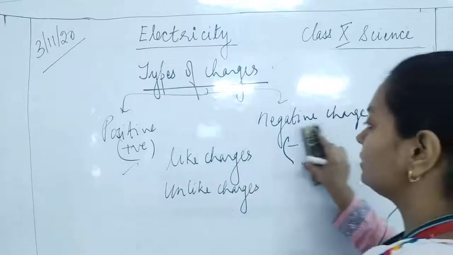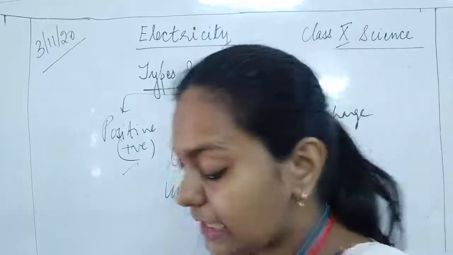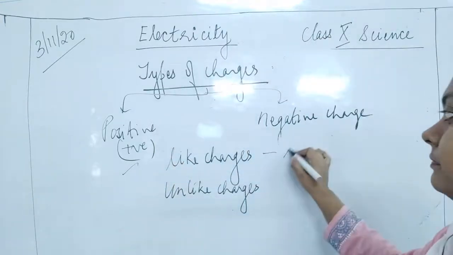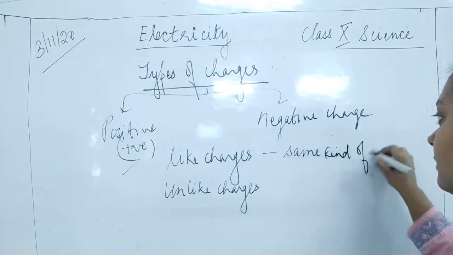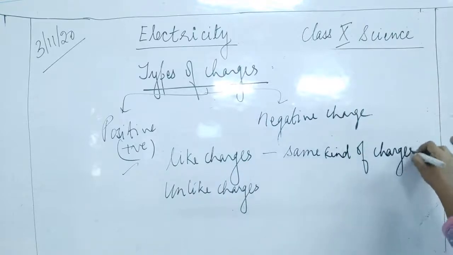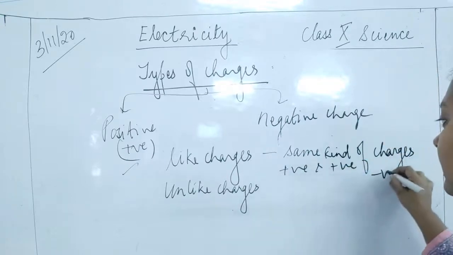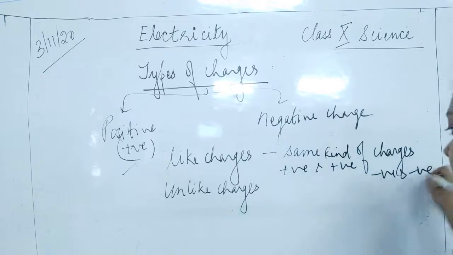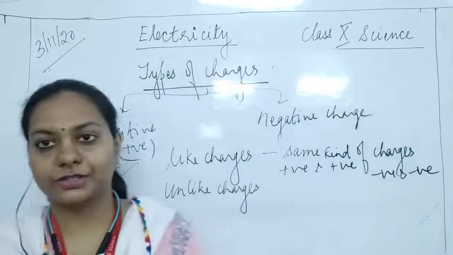If we talk about the same kind of charges, say for example positive and positive charge, negative and negative charge, these are the same kinds of charges and they are said to be like charges.